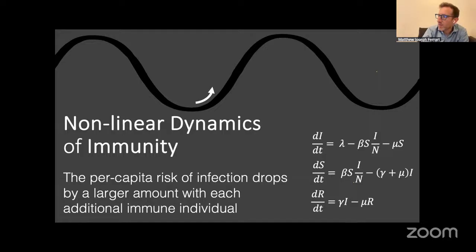And this term here, the beta term, is a representation of the functional transmission rate. So it's some combination of the proportion of interactions that are infectious and the probability of infection given that contact.